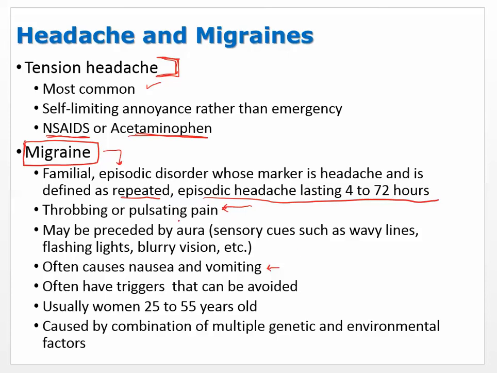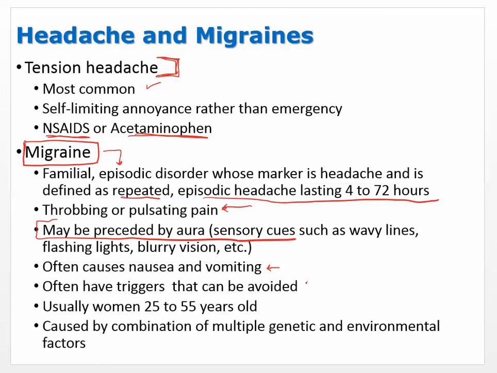So it's preceded, maybe preceded, by an aura. I guess it's not always going to happen. And an aura, again, are sensory cues, in this case such as wavy lines, flashing lights, blurry vision. It's usually irritated by bright light more when you're having the migraine.